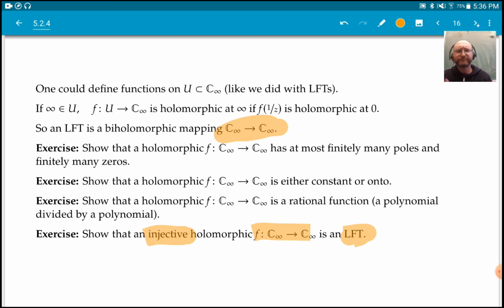Okay, so that's it for meromorphic functions. This was just a short lecture. Next time we're going to start looking at the residue theorem. It's one of the most important theorems. I keep saying that, but it was one of the most important theorems for engineers when thinking about complex analysis, and it gets applied a lot.